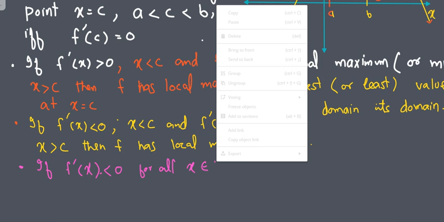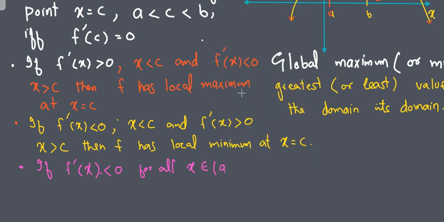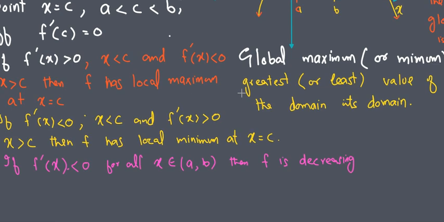Let's take them open, because if I take the points A and B, I will get it equal to 0. Then f is decreasing on the open interval (a, b). Is it clear?